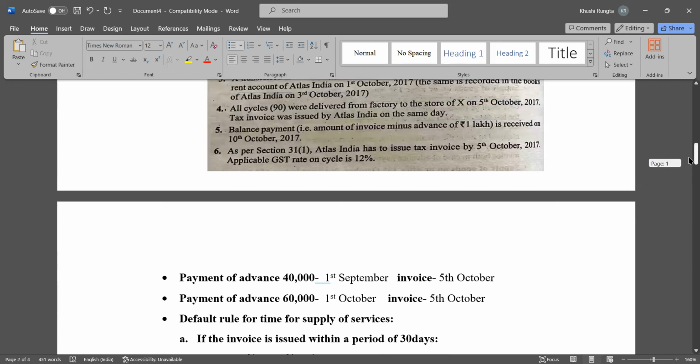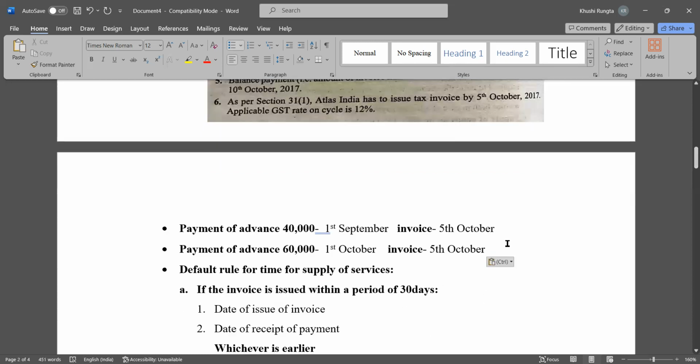Now, what did they mention more? Balance payment, that is the amount of invoice minus advance of rupees 1 lakh, is received on 10th October 2017. Now, the final remaining amount they told, right?